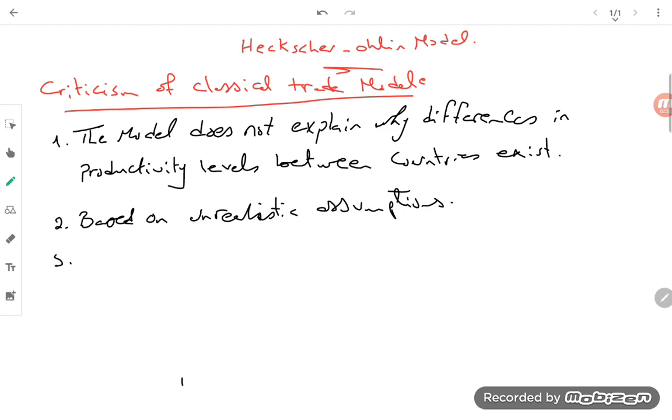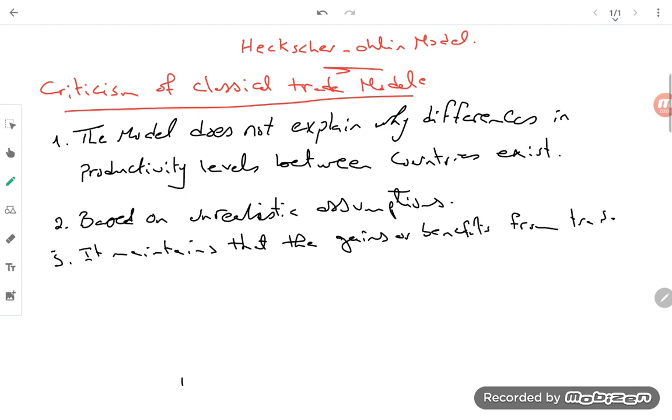Number three, it maintains that benefits from trade are greater between countries with dissimilar technologies.